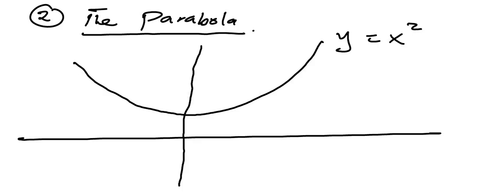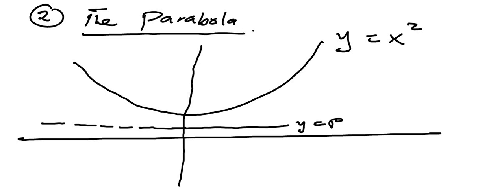So if you have this type of expression, then let's say there's a line, and let's call this line y = p, for instance. There's a point called the vertex, where the whole thing is turning from, or rather, we can call it the turning point.